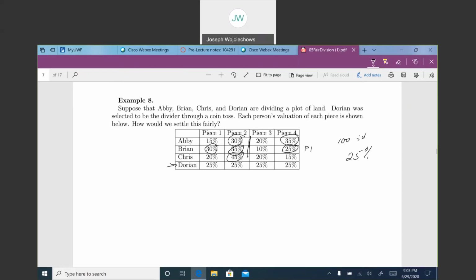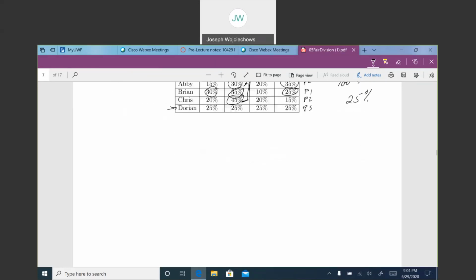Look, Chris values piece 2 at 45%. Abby values it at 30%. So Chris will probably take piece 2. And that leaves piece 4 for Abby, and then piece 3, of course, for Dorian. That way they all received what they feel was a fair share, or better.